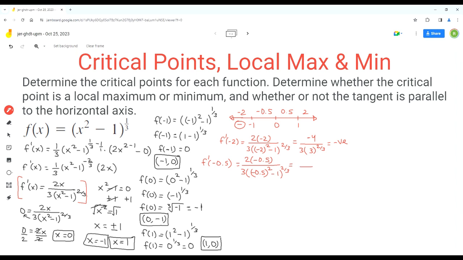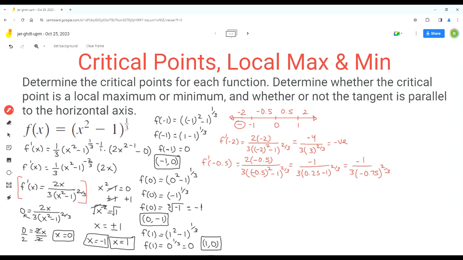Now in the numerator we get -1, and in the denominator, so we have 3 outside the parentheses, and -0.5 square will be positive 0.25 minus 1, and then exponent 2 over 3. So we can simplify it. So we get -1 over 3 parentheses -0.75 exponent 2 over 3.